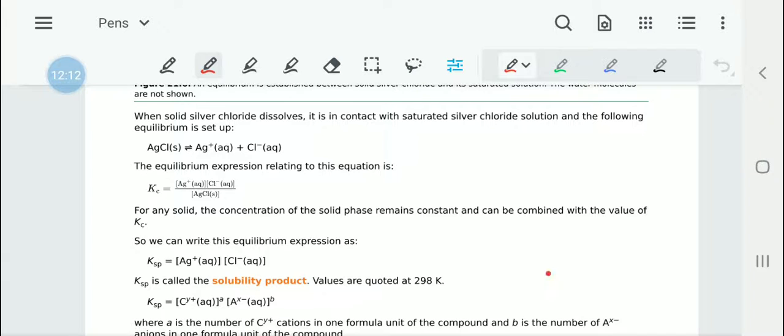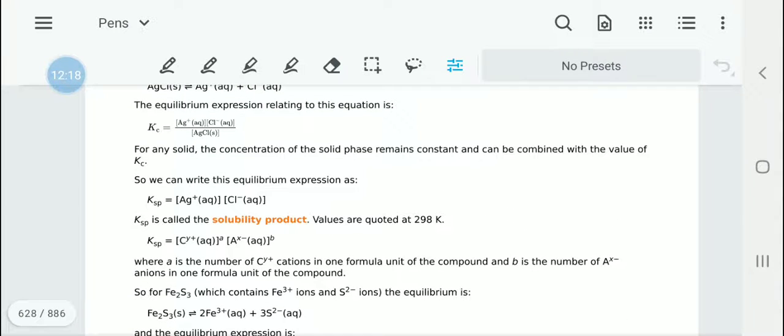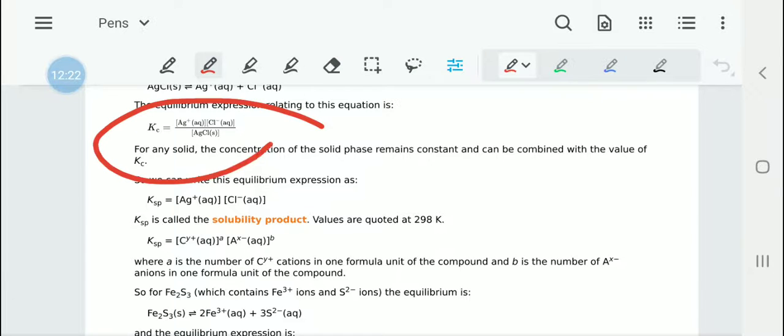Then write down, this can be expressed by the equilibrium expression Kc equals the concentration of silver ions, Ag+ aqueous inside the square brackets, multiplied by the concentration of Cl- aqueous ions, divided by the AgCl solid concentration.